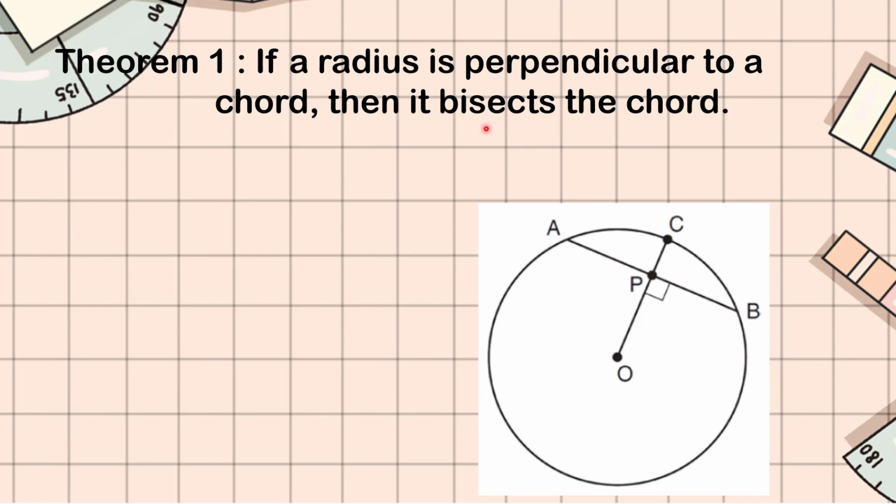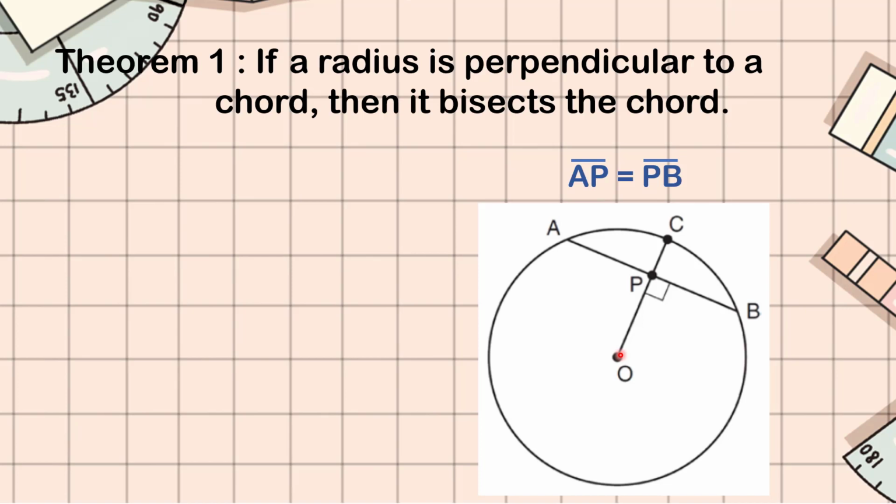Bisects means it cuts this segment into two equal parts. So we can say that segment AP is equal to segment PB.